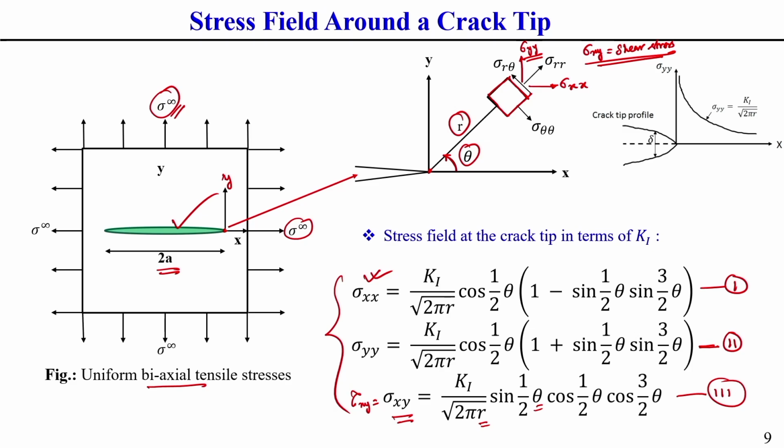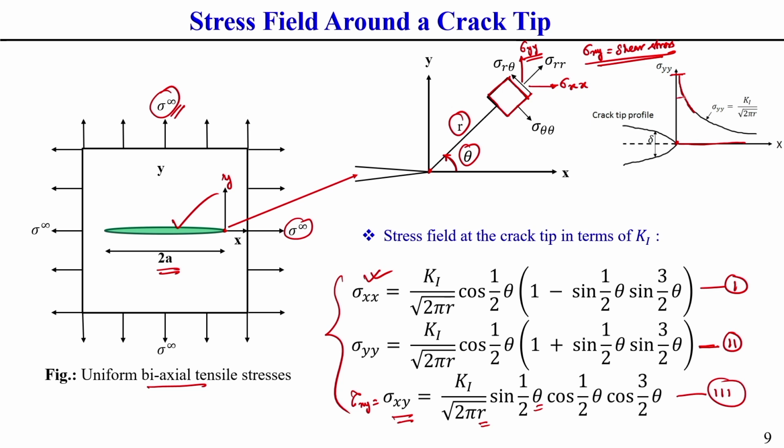From here, at a crack tip and away from the crack tip, with distance from the crack tip, you can see how the stress value is varying. Near the crack tip zone, the stress amplitude of sigma y, which I am showing here, is very high.